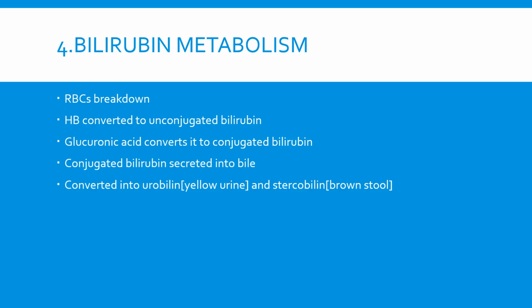Then the conjugated bilirubin is secreted into the bile and converted into urobilin, which presents with yellow urine, and stercobilin, which presents with brown stool.